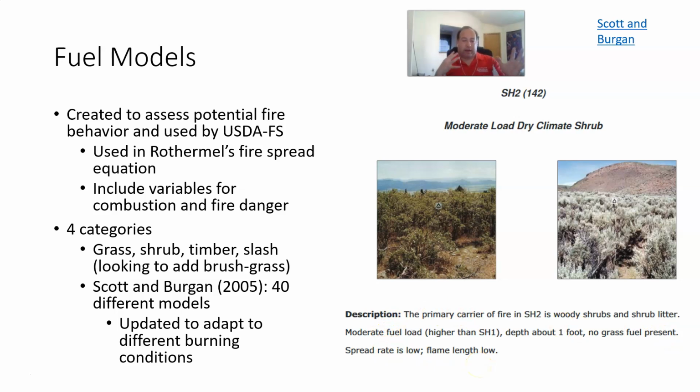Because we're able to separate out into these 40 different fuel models, we can start having an idea of what kind of burning conditions we could expect, or what kind of fuels they should look like. And that also gives you the idea of, does this place look the way it's supposed to? So if you work in this area and it's an SH2, it says there's no grass fuel present.